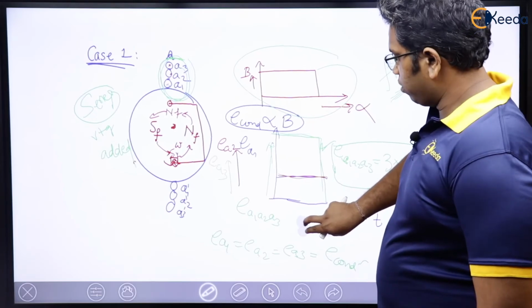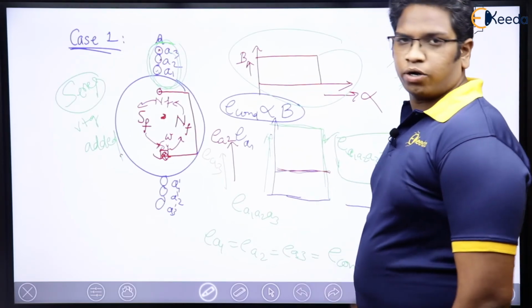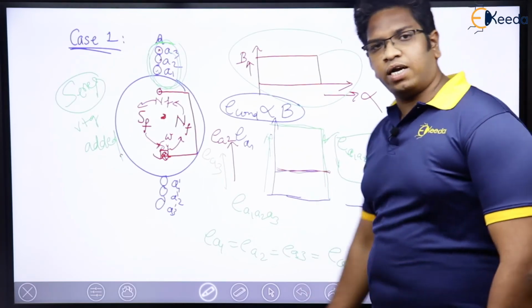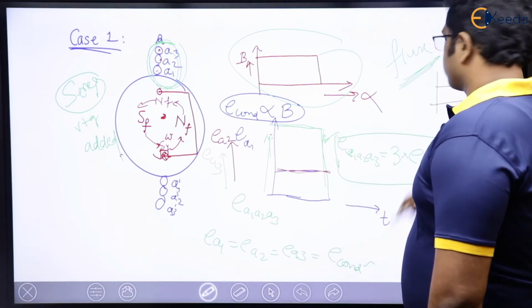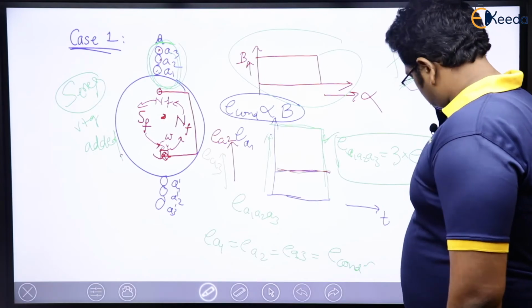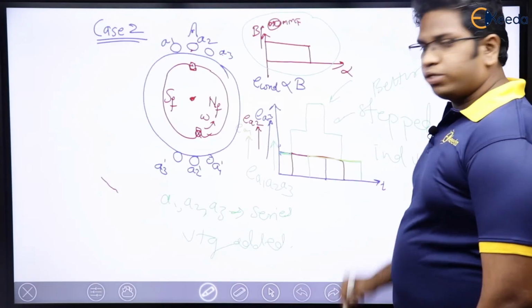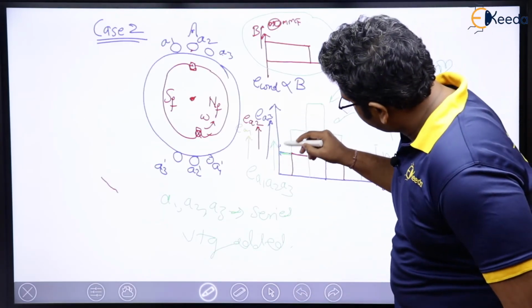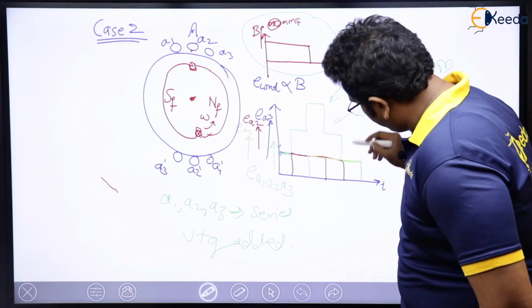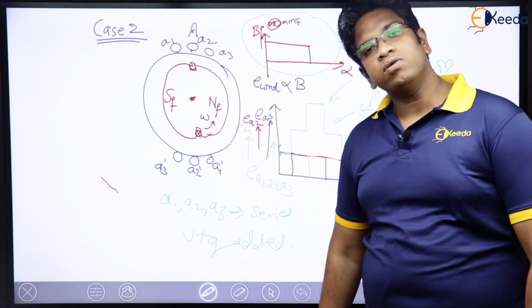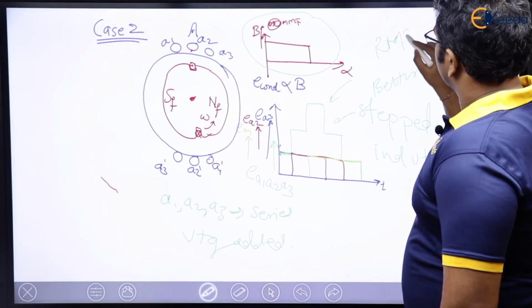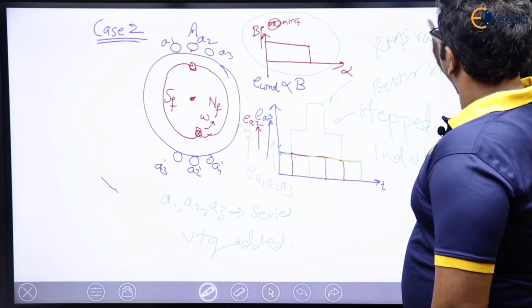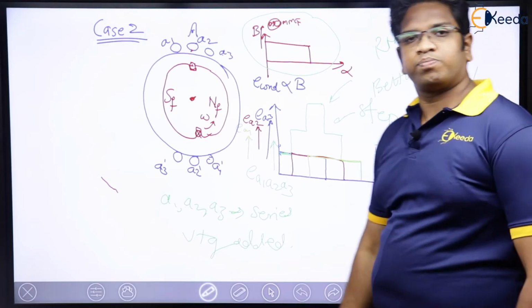But here, these pieces which were there in the previous one are not present now, which means the RMS value is going to be reduced.